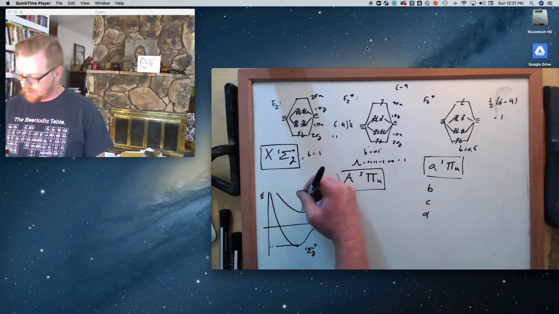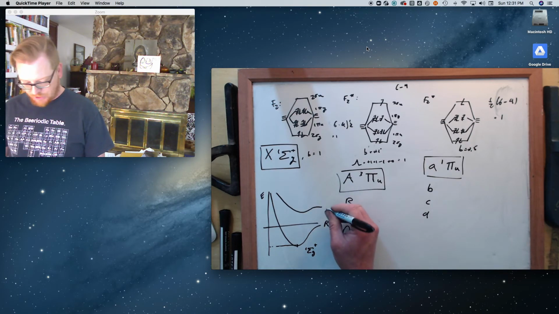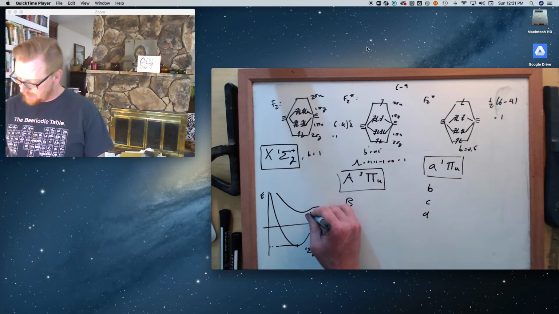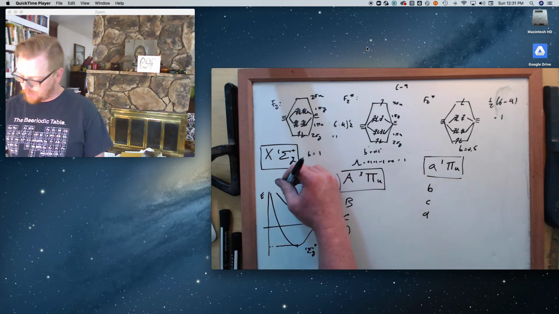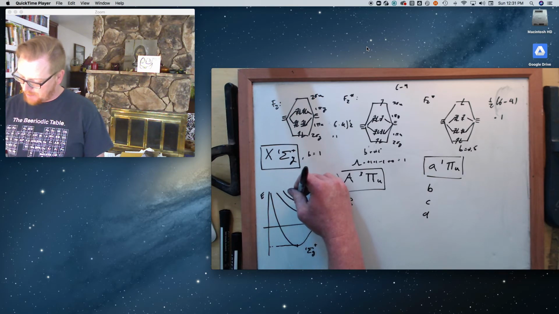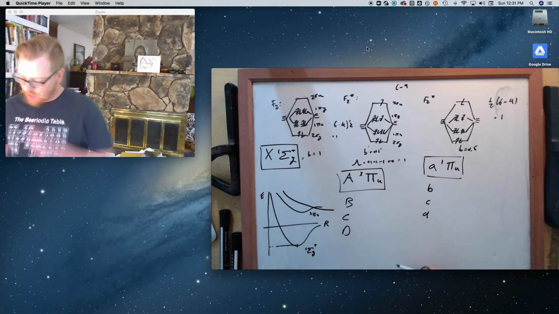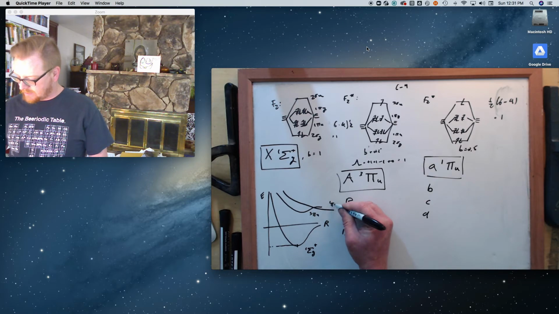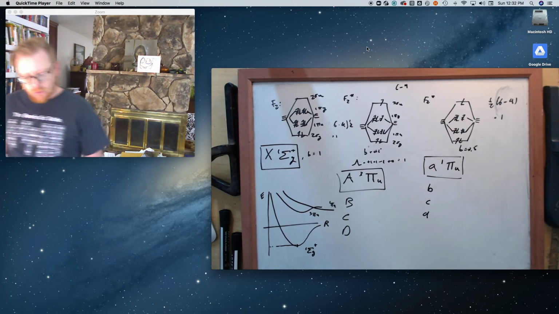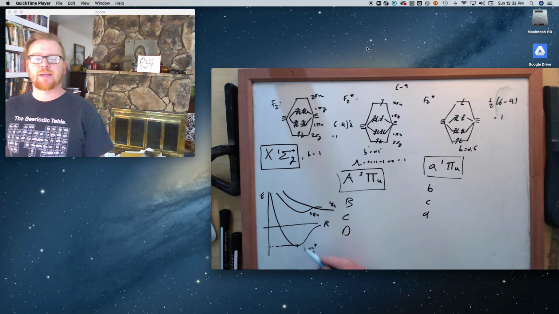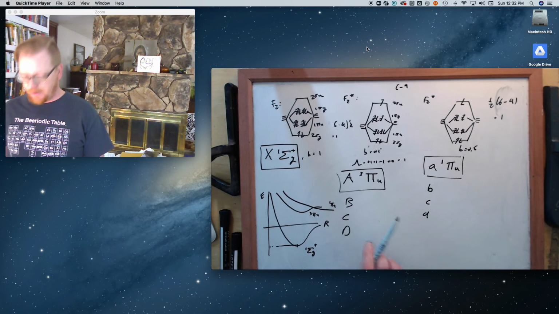It has a different bond length and different bond energy. But as it turns out, this singlet pi u is entirely an anti-bonding state. So it actually has no minima. That's the singlet pi state. So it's a repulsive state. So we can start to predict this by looking at the energies of these various terms.